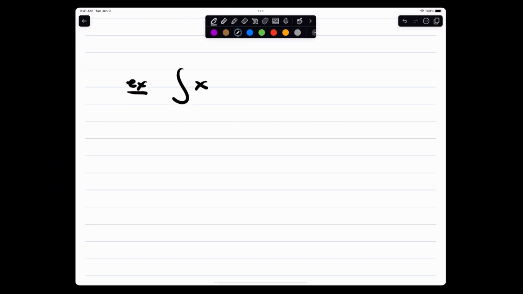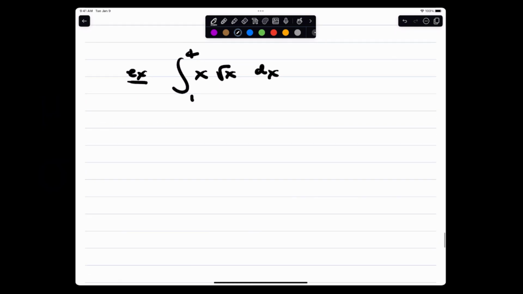So they give you x times the square root of x, from 1 to 4. And you might say, I don't even know how to do that. Well, yes, you do. You guys know why? You know about antiderivatives. Use a little bit of that algebra. Isn't this x to the 1/2?